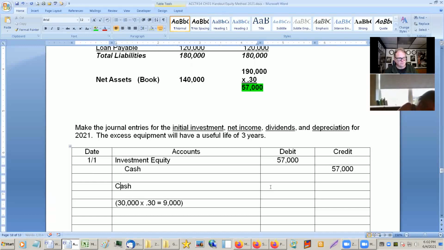Okay. So then income on 12/31. Okay, so income would be 30% of 100,000, which would be 30,000.